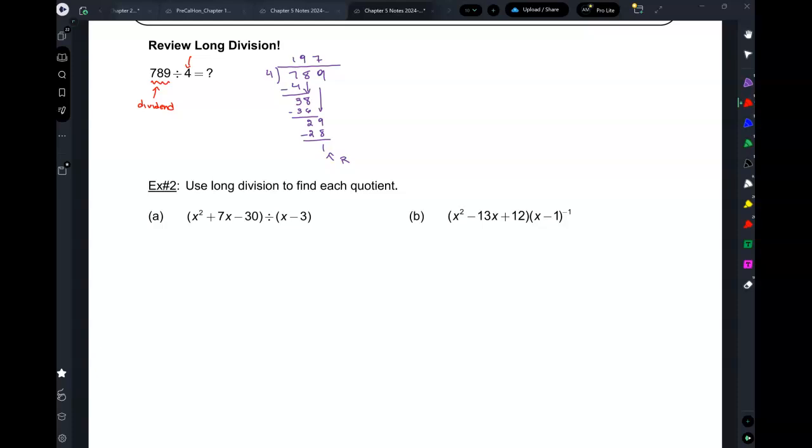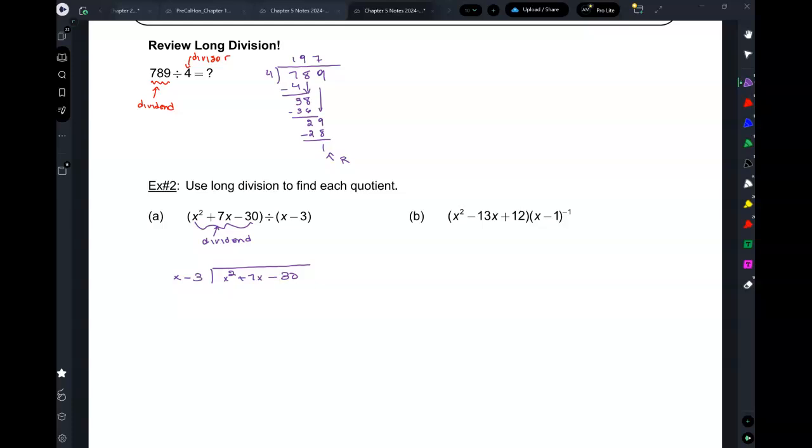You know what this 4 is called? Divisor. So here too, this is the dividend, and the x minus 3 is the divisor. The dividend goes in here, x squared plus 7x minus 30. The divisor goes over here.